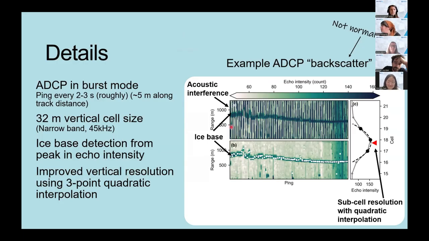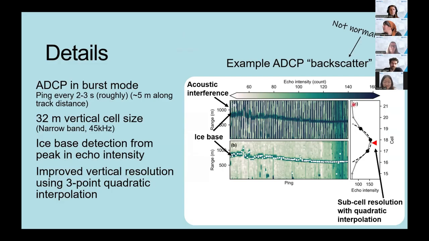So what you see in this first figure here, all those vertical lines are acoustic interference. But when you remove them, you can also see the ice base clearly as a high scatterer, right? So we could detect the ice base basically based on echo intensity.